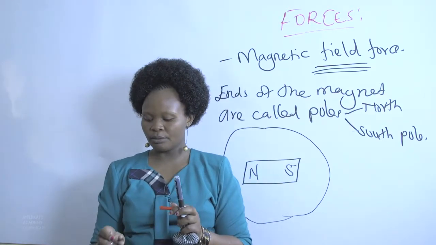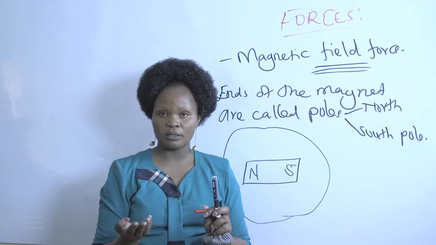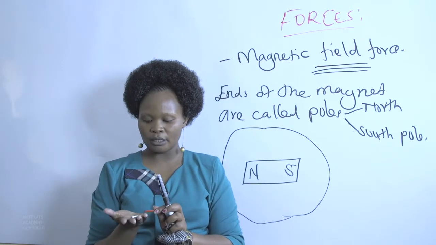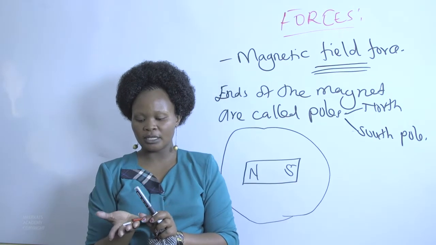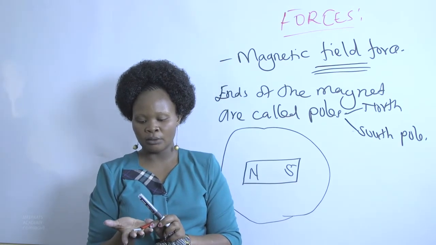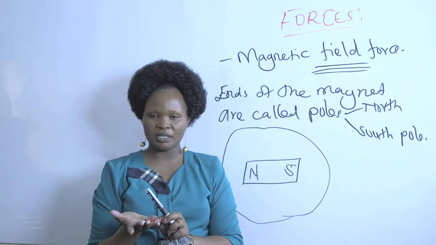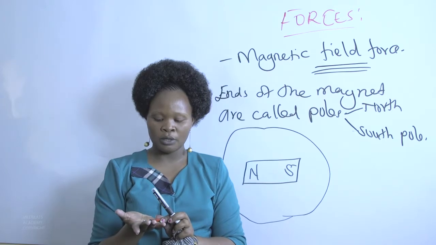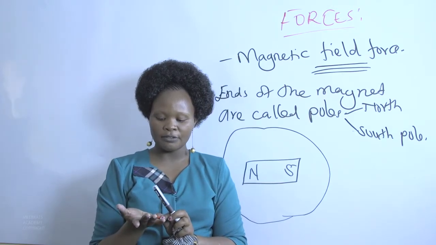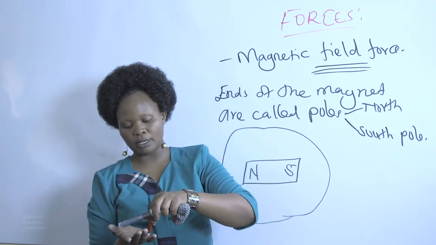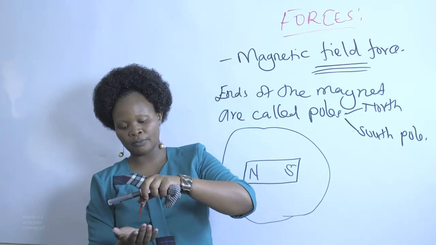Look at this iron bar, for example. Now, we bring it close to a magnet, but not necessarily touching it. What is going to happen to it? You will experience a pull on the bar, and eventually the bar is going to be attracted by the magnet like this.